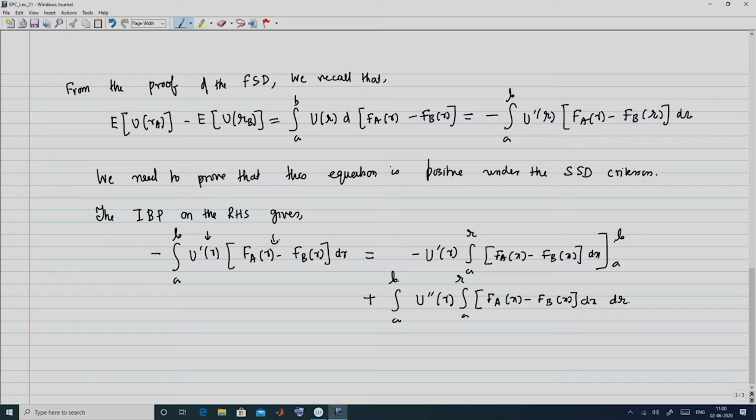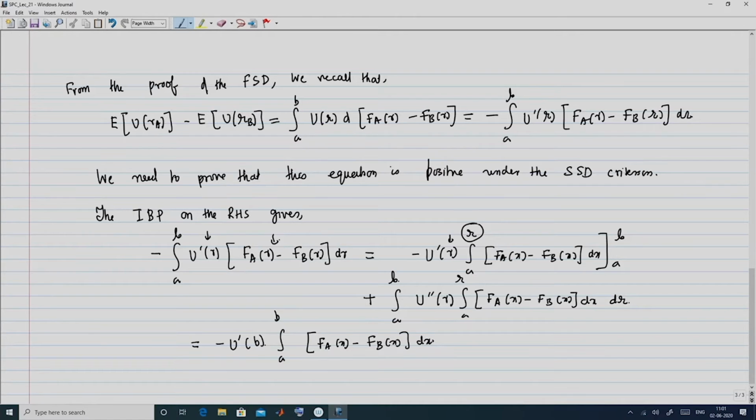Now, you observe carefully. For the first term we will replace r equal to b. So, this gives us minus u prime of b into integral a to b of F_A of x minus F_B of x dx.